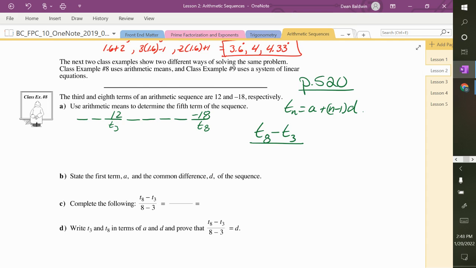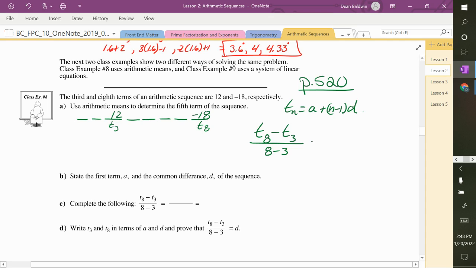And then you're going to divide it by the term numbers, which is 8 minus 3. Because it's 1, 2, 3, 4, 5. It's like 5 movements to get to this one. So whatever the difference is divided by the number of additions or movements, that's what you're really doing.